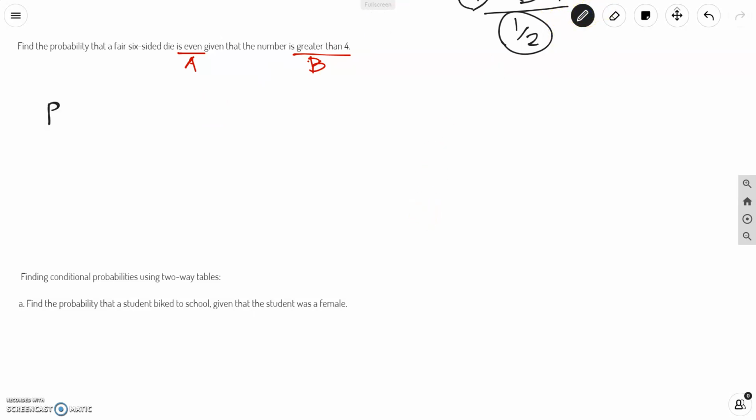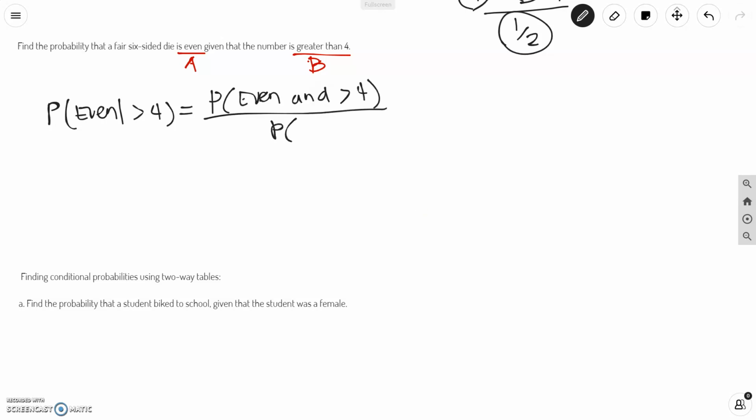That's going to be the probability of being even, given that the number is greater than 4, equal to the probability of even and greater than 4, all over the probability of being greater than 4.